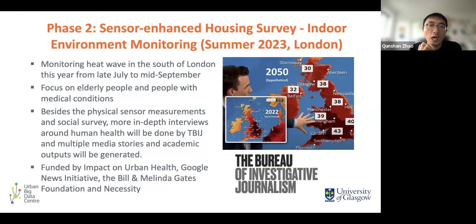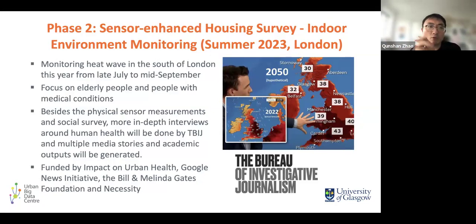So after a series of discussions, we did this project in summer 2023, last year. From late July to mid-September we put sensors into people's homes, focusing on one of the fairly deprived neighborhoods, Southwark Council, not far from central London, just south of the Thames River.